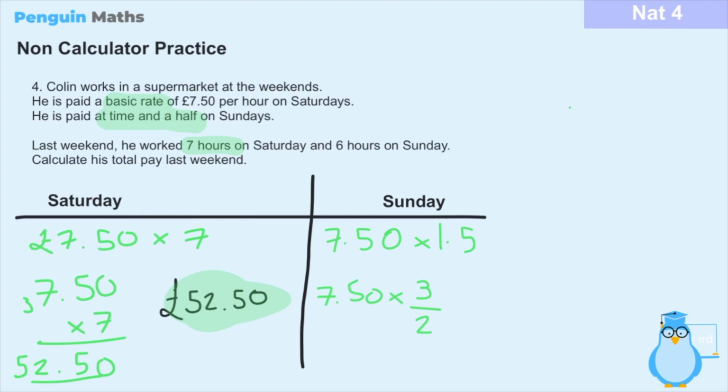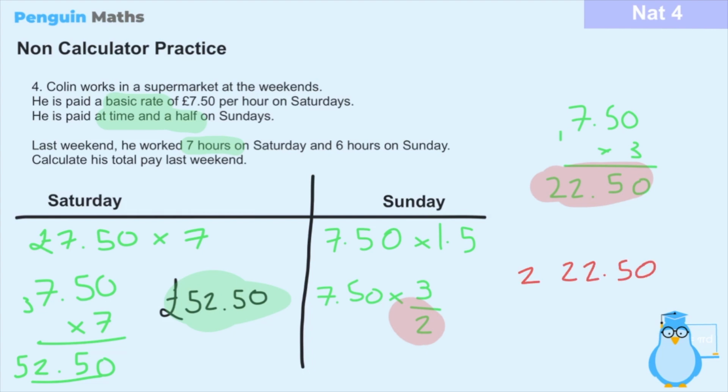So what we have, £7.50 multiplied by 3, 0 times 3 is 0, 5 times 3 is 15, carry the 1, put the decimal point down, and then 7 times 3 is 21, carry that over, we have £22.50. And now what we have to do is to divide this by the 2, because what we just calculated there was the 750 times the 3, so now what we have to do is divide that by 2.